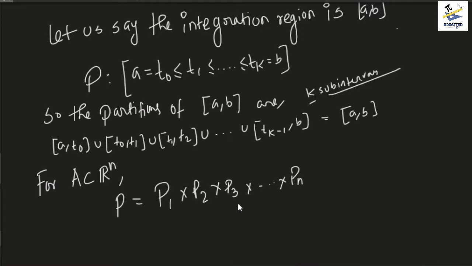And this A is a closed rectangle, as I have already told. So all of these Pi's can be partitioned, right? Now we can divide each of them into ni subintervals.